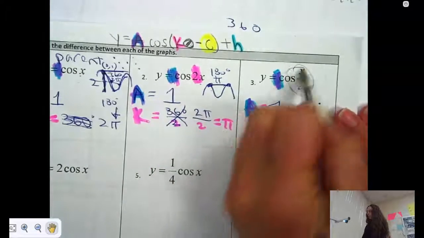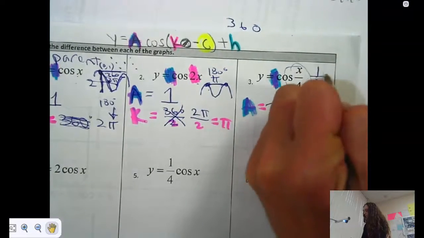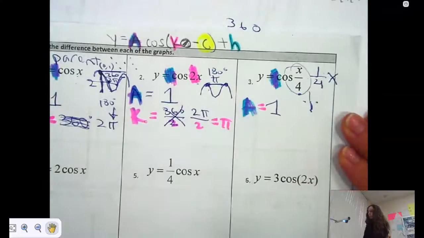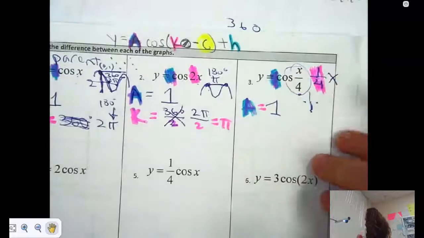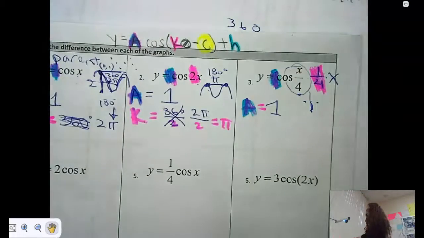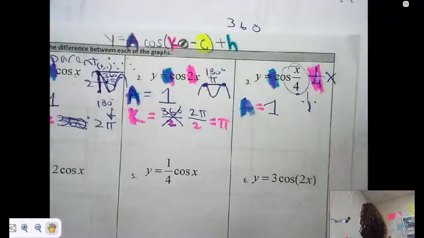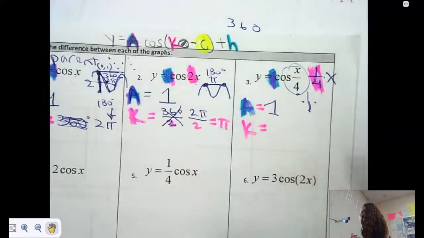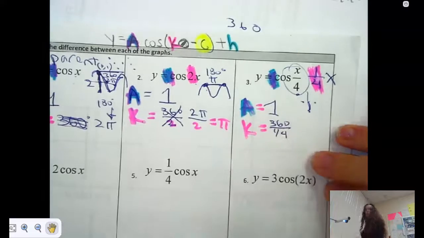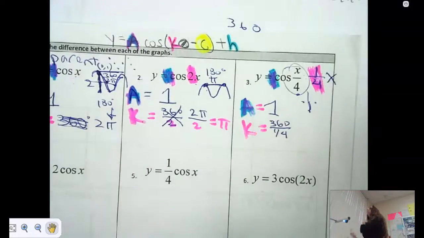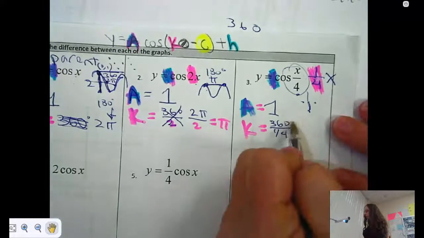Now let's look here. X over 4 is the same thing as 1/4 x. So if you look, my k, my period represents 1/4. So that means k, which I'm doing in pink, is equal to 360 divided by 1/4. Well, when you divide by 1/4, you're really multiplying by the reciprocal.